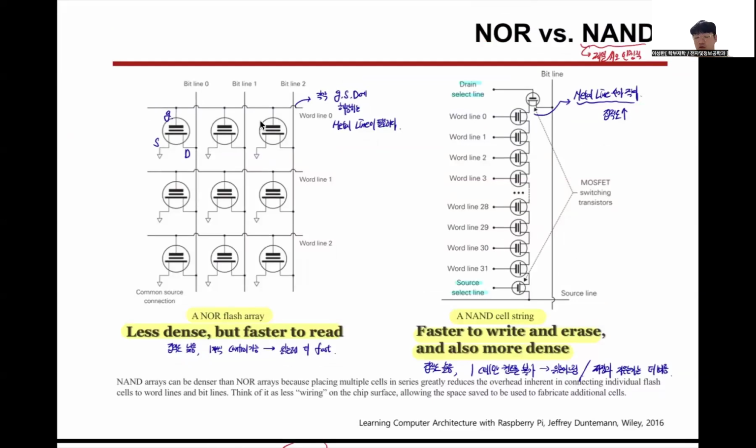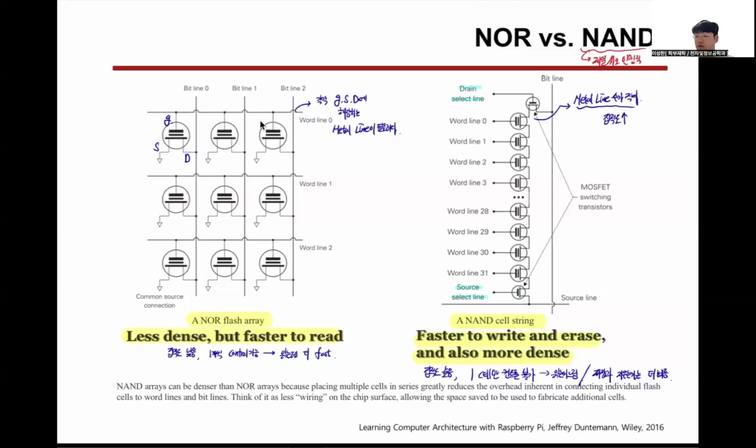The NOR structure has more metal lines, so it takes more process to make the cell, but we can control the source and drain individually, so we can read out much faster than the NAND structure.